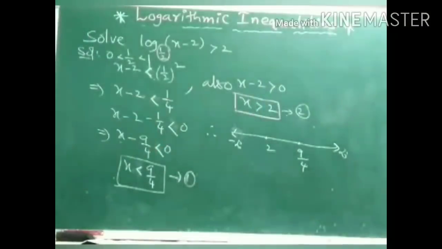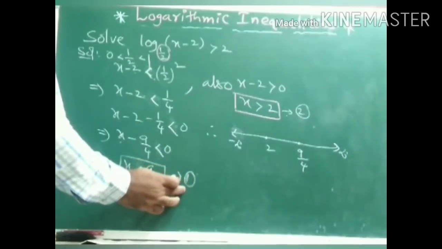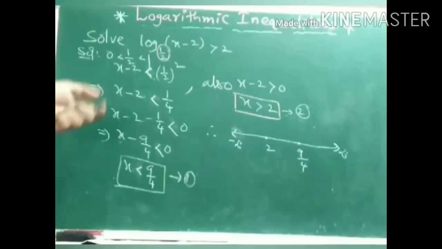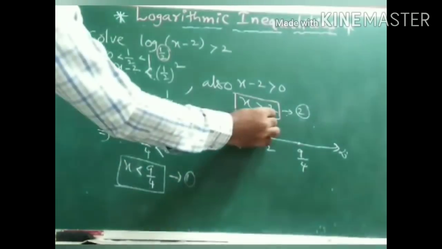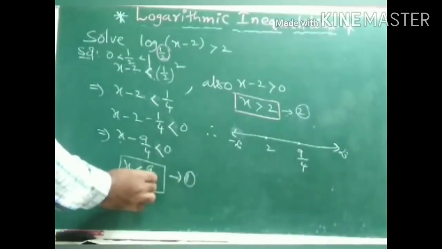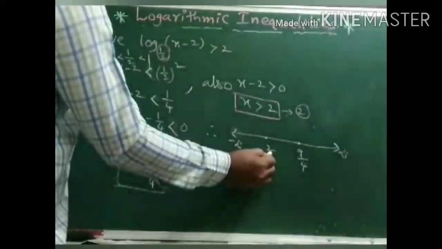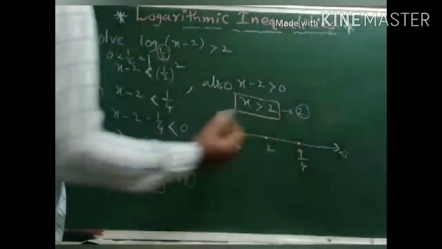Now the required solution will be the intersection of case 1 and case 2. So let us see what the intersection part of these two is. One is 9 by 4 and another one is 2. Definitely 9 by 4 is greater than 2, isn't it? So first look at the smallest number, which is 2 here, and then the next number is 9 by 4.